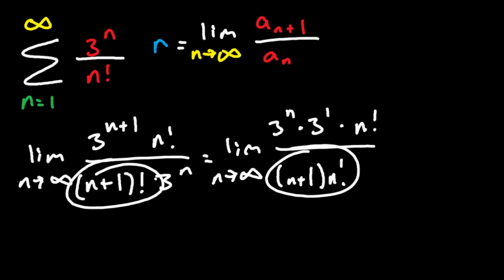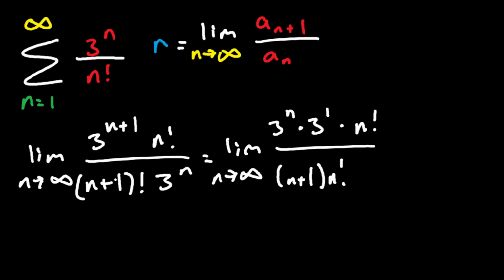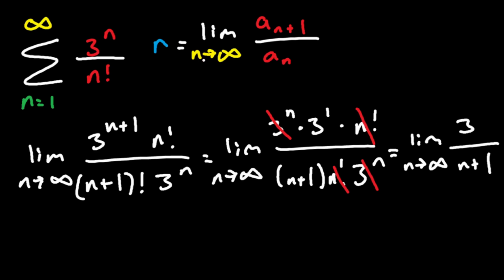This right here expands into this, and you have 3 to the n at the end. So what you actually notice is that a lot of the terms cancel out. This cancels out, this cancels out, and you're just left with the limit as n approaches infinity of 3 to the power of 1, which is just 3, over n plus 1.